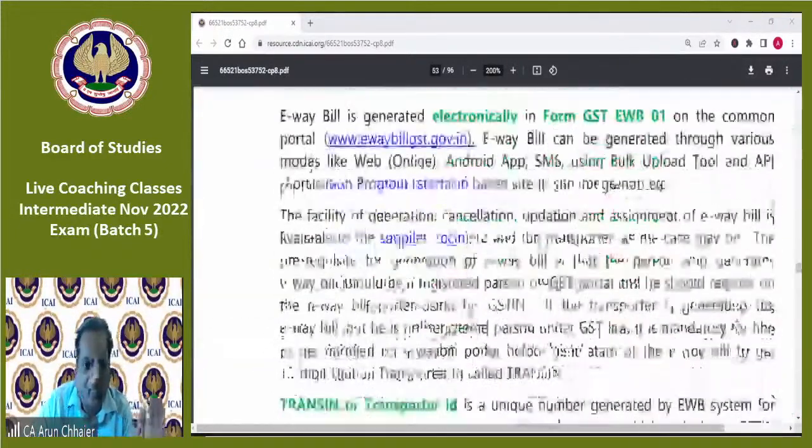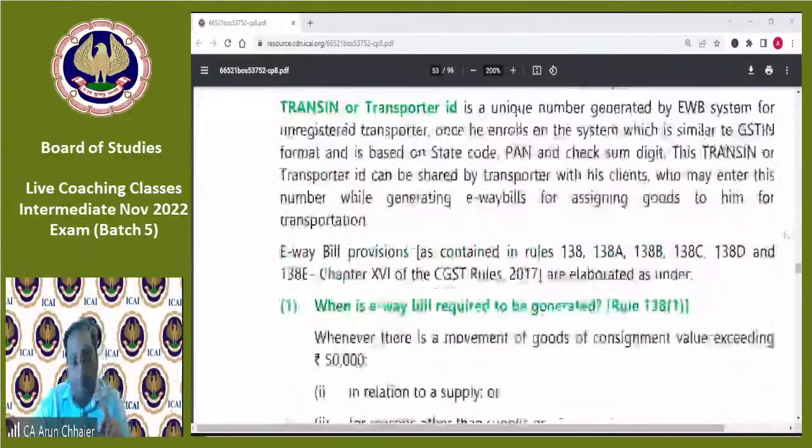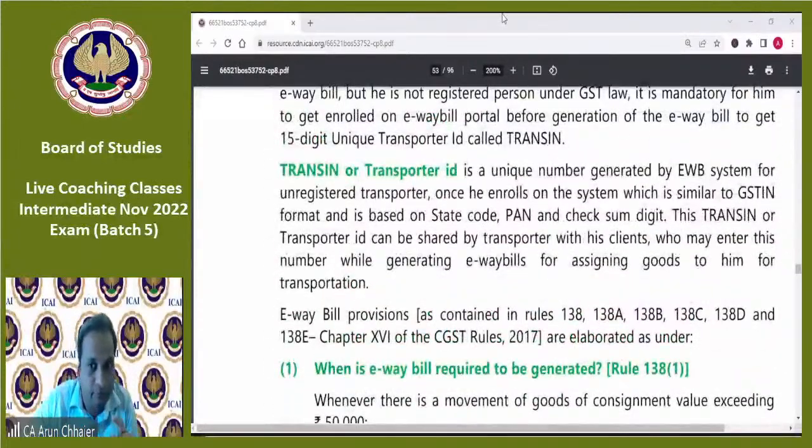You can read the benefits on the government website, ewaybillgst.gov.in. What is the transporter ID? Let me open that government website as well. I would like to show you one thing.